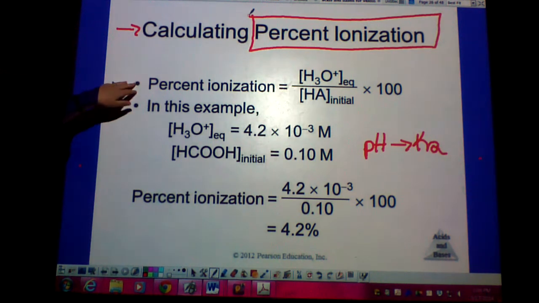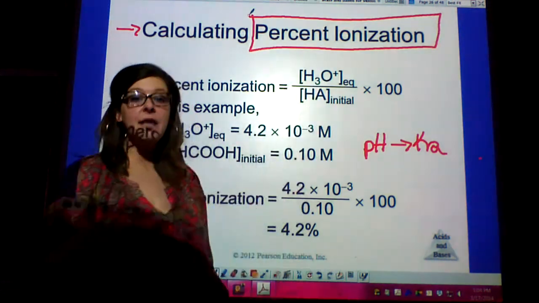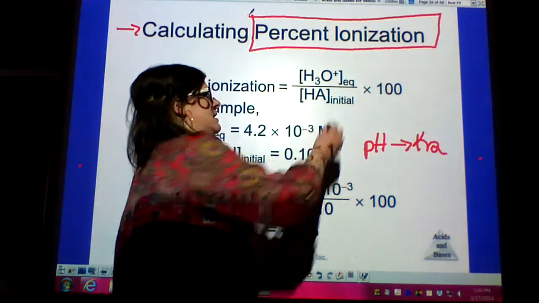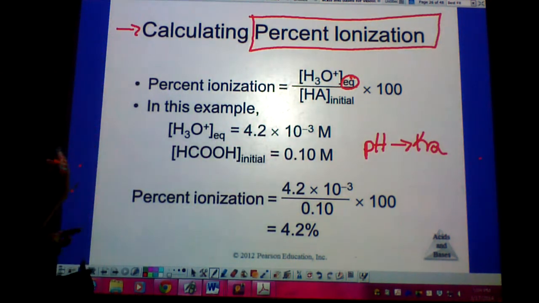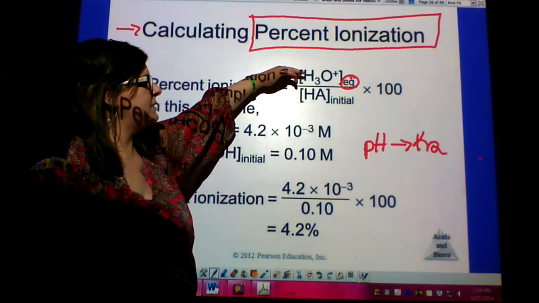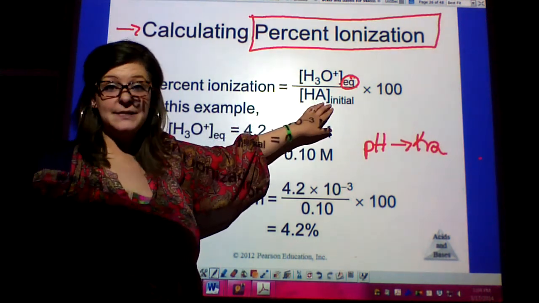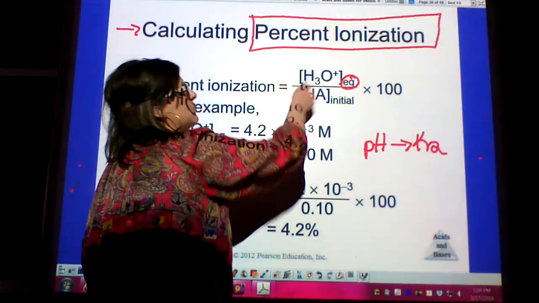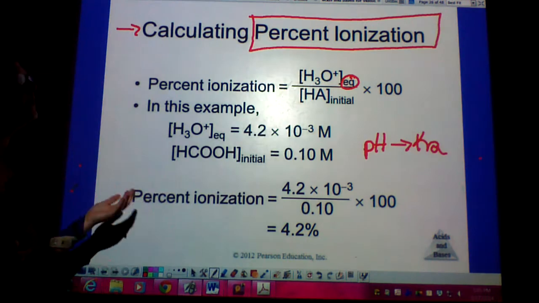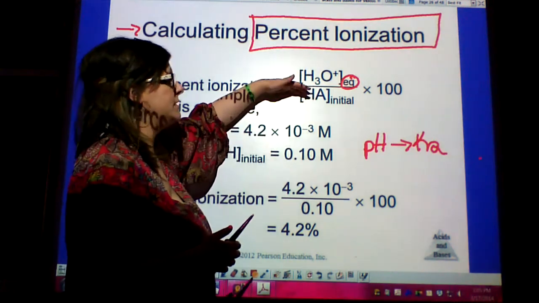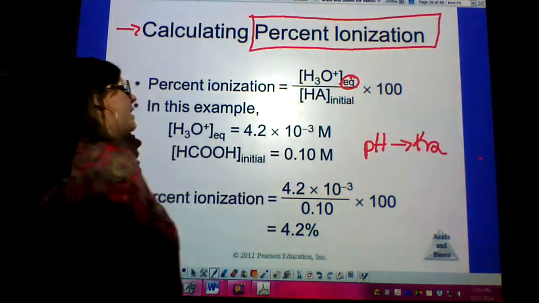Percent ionization is the concentration of hydronium at equilibrium, which I designate with the subscript eq, divided by the initial concentration of the acid we're starting off with. And since it's a percent, we multiply by 100.